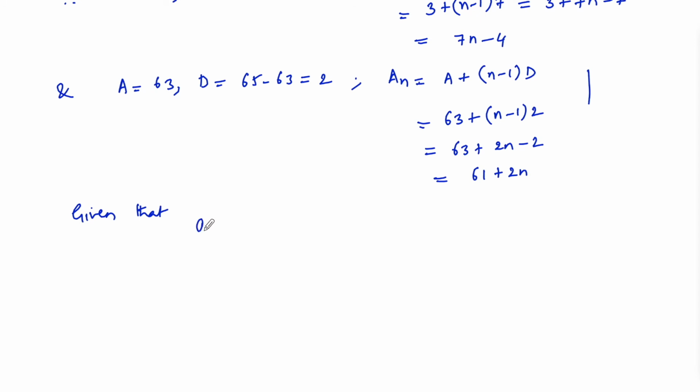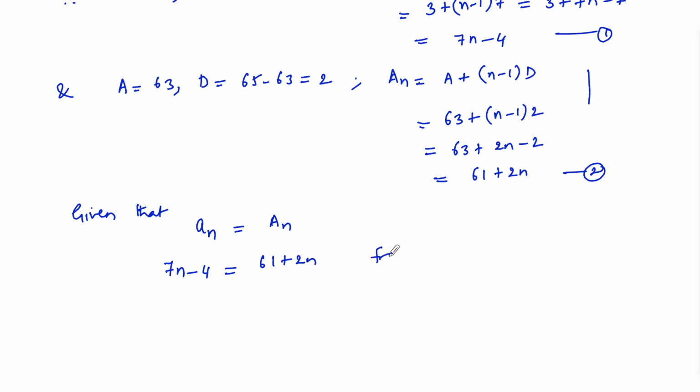So given that nth term in the first A.P., that is an, is equal to nth term in the second sequence, that is capital An. So we can write 7n minus 4 is equal to 61 plus 2n. Let's take this as equation 1 and this is 2.